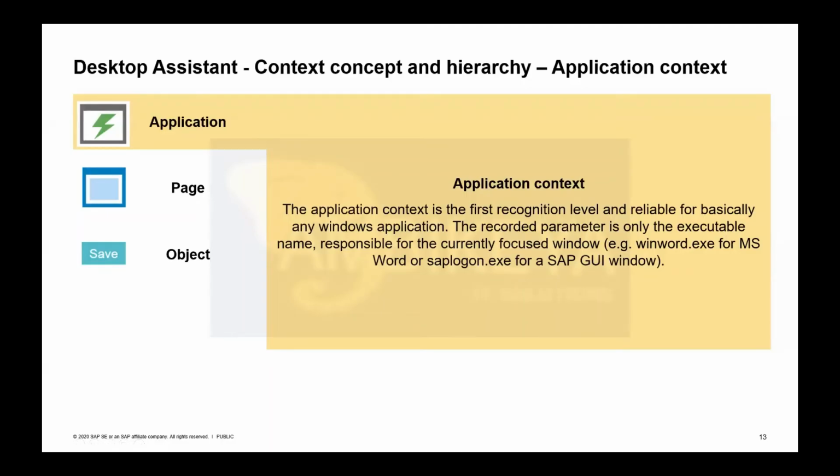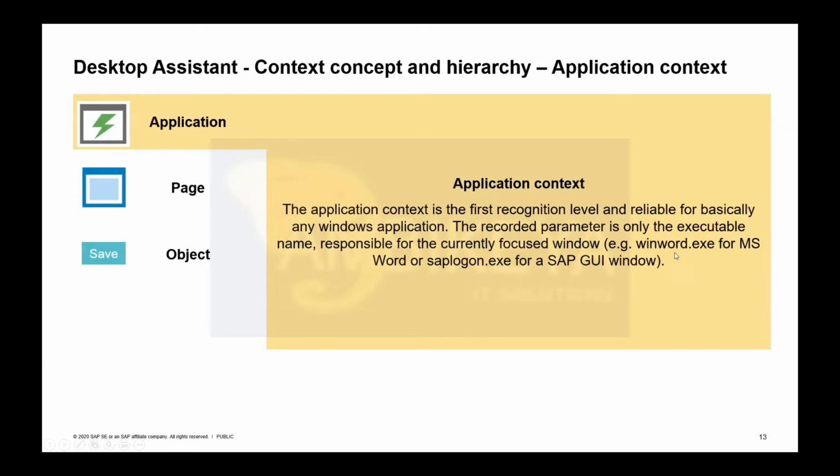So let's see. Desktop assistant or recording or re-recording, they use context concepts which are hierarchical. And this hierarchy is starting with the application. In a Windows system, the application is identified by the executable, which is responsible for the window which is in focus.